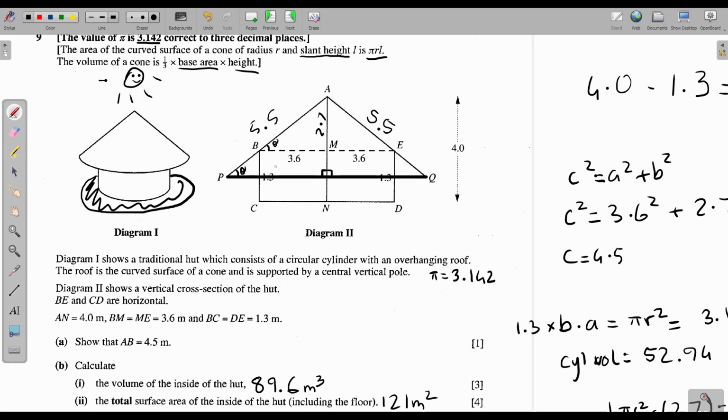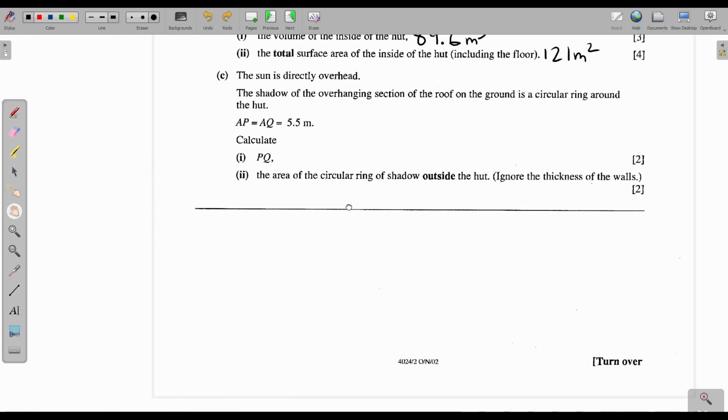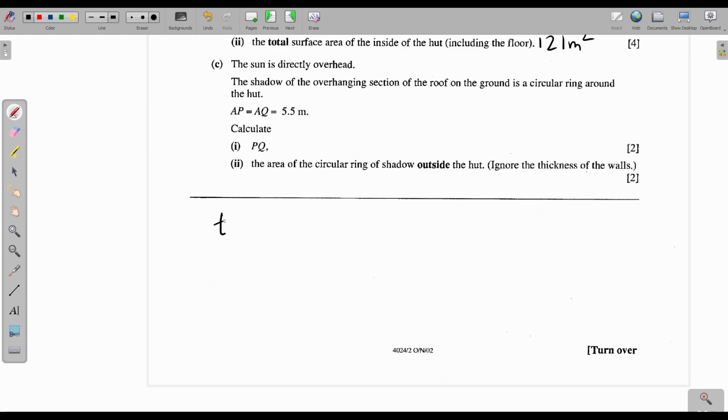So what can we use for theta? We have the opposite and we have the adjacent, but we don't have theta, so we can use TOA, or tan.